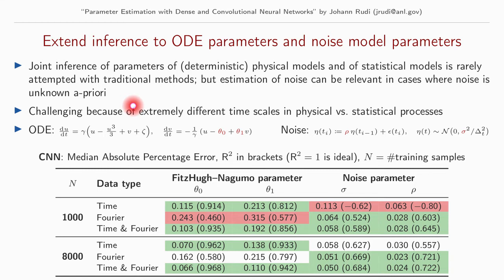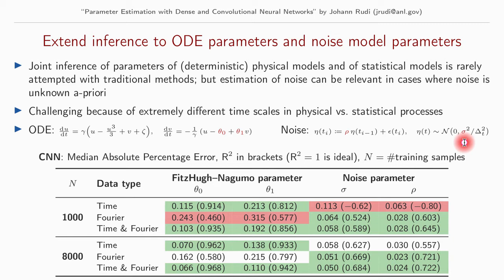Finally, we wanted to extend our framework in order to invert not just for the ODE parameters, but also for the parameters of the noise model. So it's the additive noise, if you remember from the beginning. Here again, I wrote down the equations. This is the ODE. Here are theta 0, theta 1, the parameters we want to infer. And now we're adding rho, the correlation parameter, and also sigma, the variance of the noise, into the inference problem.